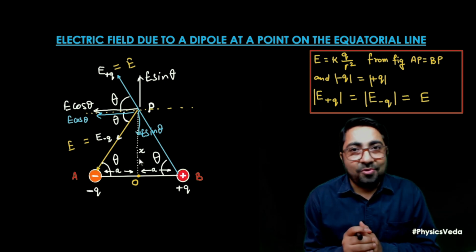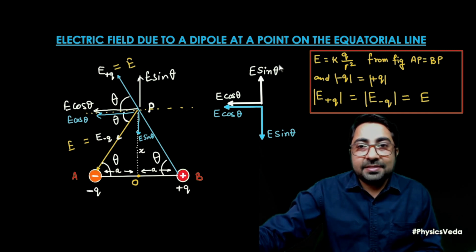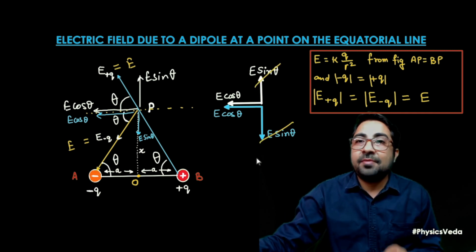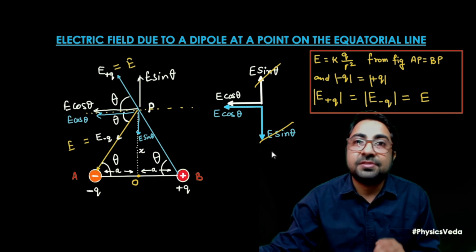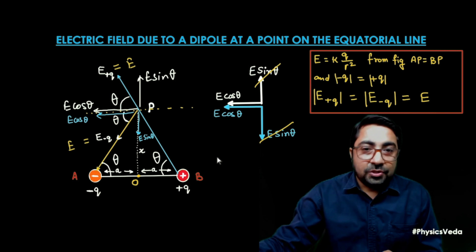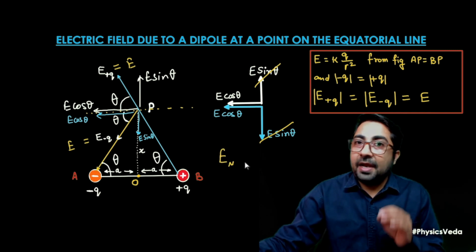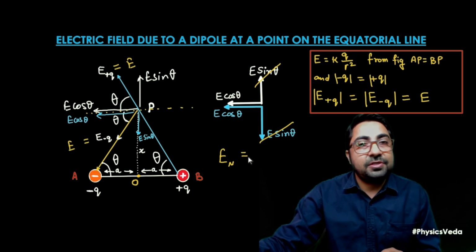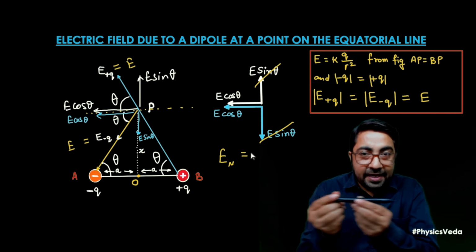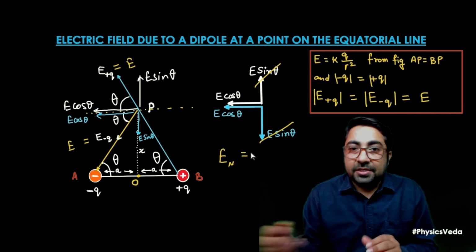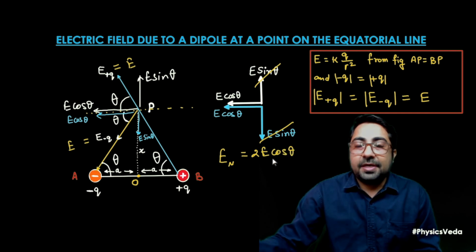After resolving the components of electric field, E sin theta and E sin theta cancel because these vectors are in opposite direction and equal in magnitude. So the net electric field at the equatorial point is equal to E cos theta due to positive charge and E cos theta due to the negative charge. So it is 2E cos theta.